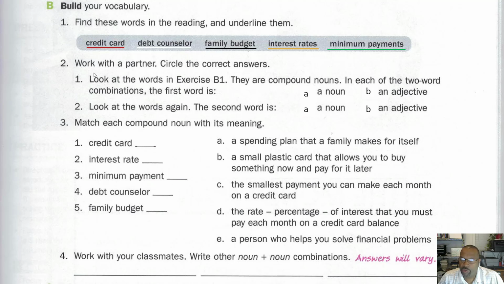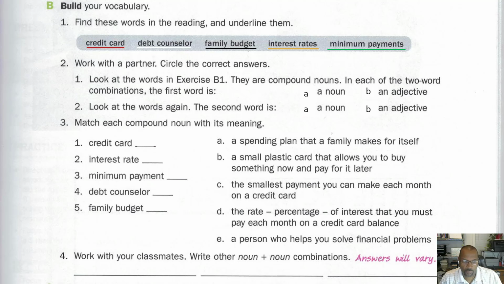Okay, so let's look at number 2. Work with a partner. Circle the correct answers. Look at the words in exercise B1. They are compound nouns. So these words are compound nouns. In each of the 2 word combinations, the first word is, okay, let's look at each one.